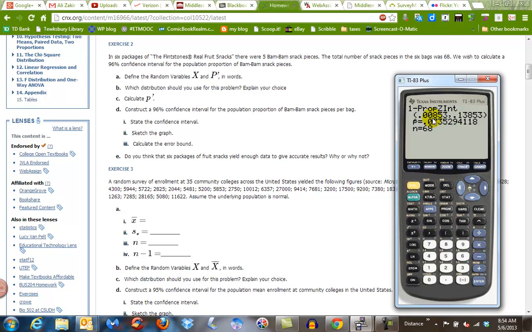It says that the proportion is somewhere between 0.0085 and 0.138. We found an estimate of about 7%, and if we round to 2 decimal places, somewhere between 1% and 14% of the fruit snacks would be Bam Bams.